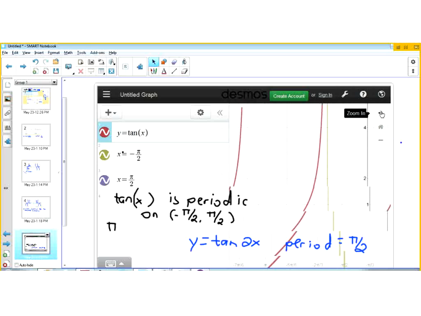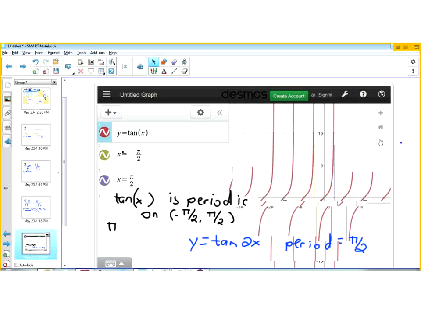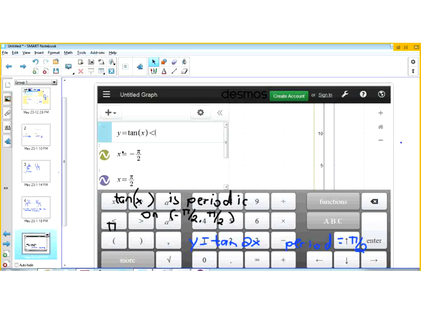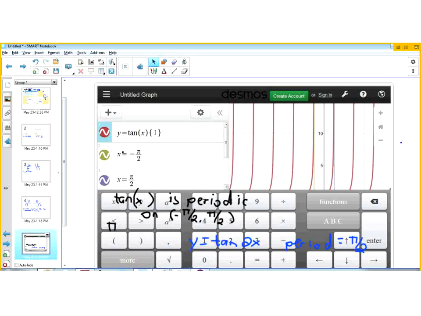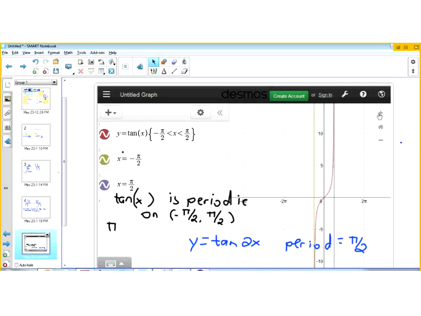Now, zoom in, zoom out. Okay, and just for clarity's sake, let's restrict the tangent graph to one period. Okay, so here the red curve is one period of the tangent function.